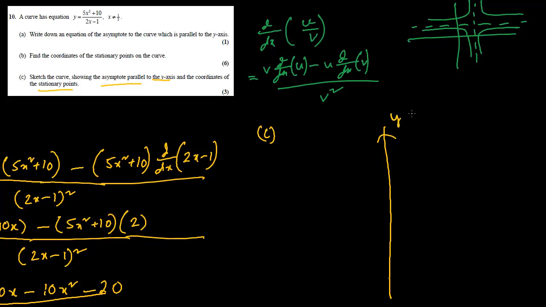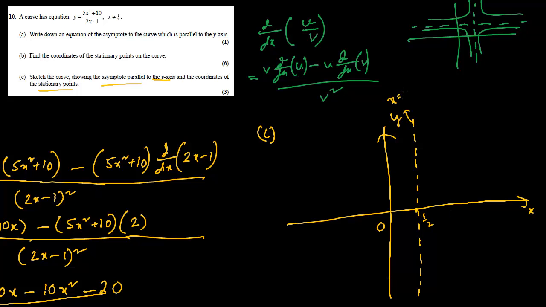This is the y-axis, this is the x-axis. So x equals half is one of the asymptotes, so this is half. And the turning point, the first one is minus 1, minus 5.